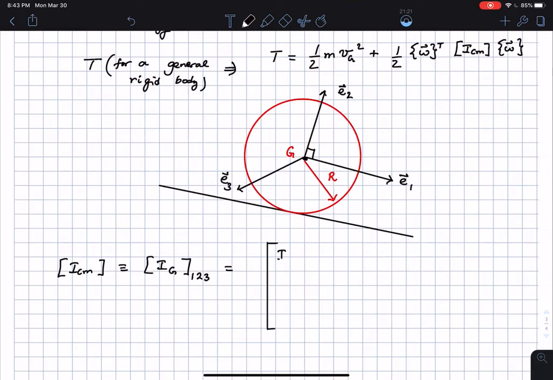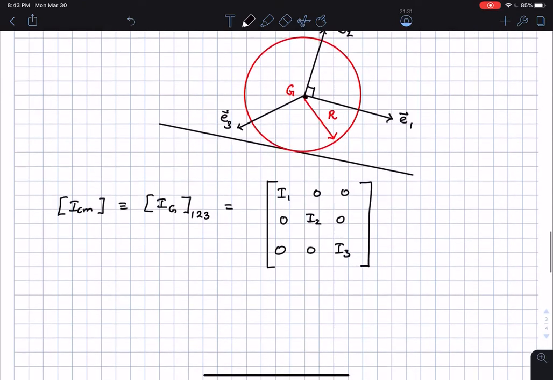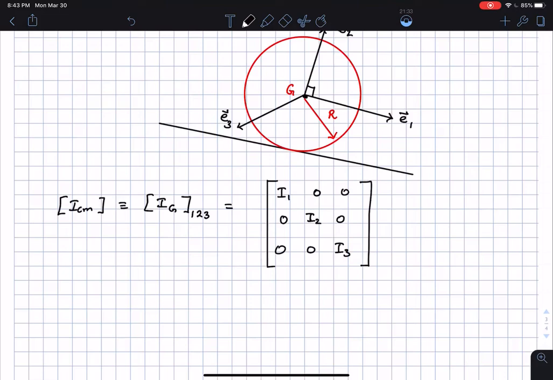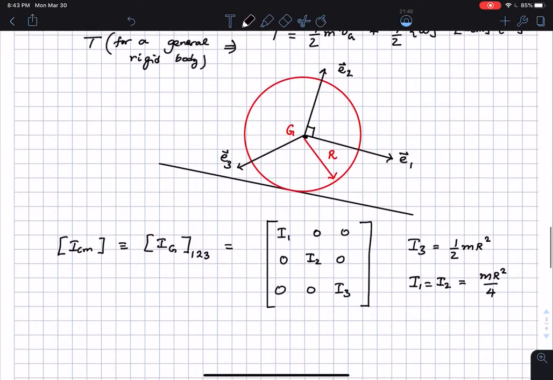So this is going to be I1 0 0, 0 I2 0, 0 0 I3. This can be evidently seen for the disk: I3 is half m r square, and I1 is equal to I2, axisymmetric, which is m r square by 4, which we really don't need in this particular problem.